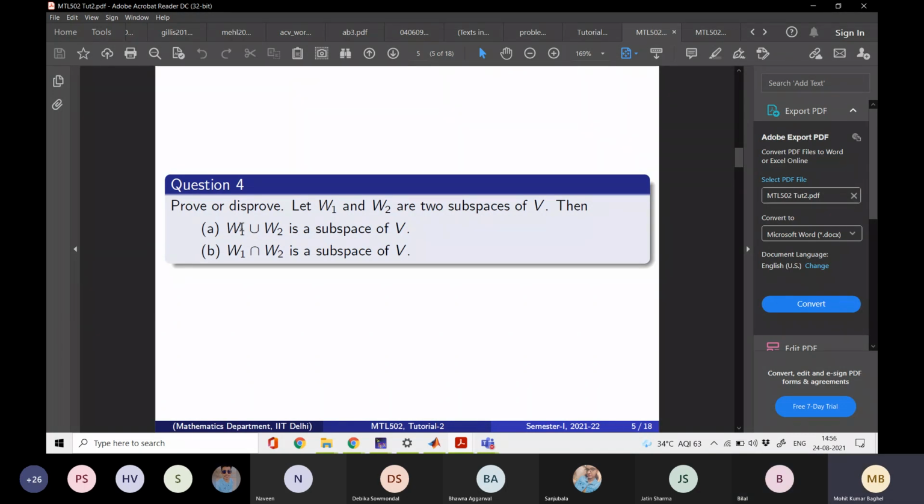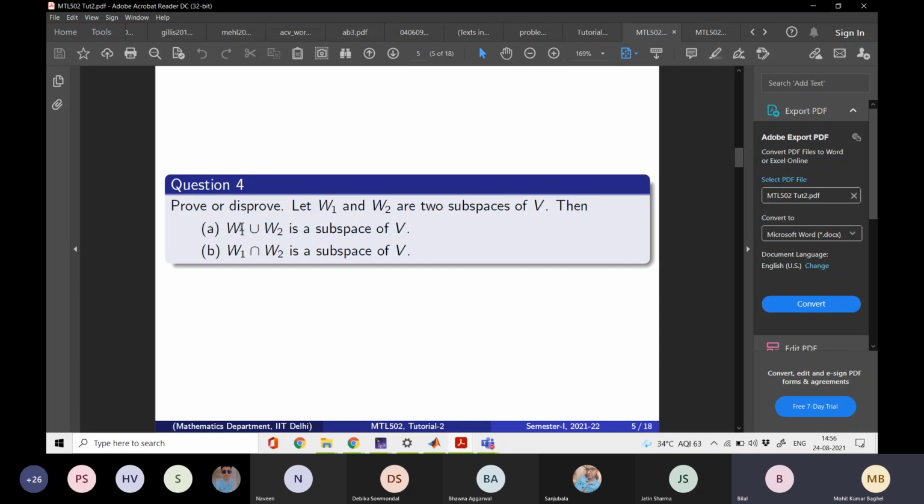How will you write that? If you want to show that this is not a subspace, how will you say that? For this, give a counterexample. Which counterexample will you give? At least one you have to give, right?